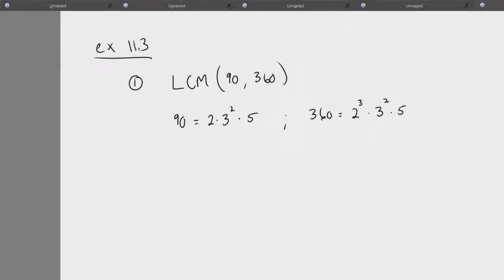All right. How can I now construct this answer, which has to be a multiple of both of these numbers, but the smallest possible I can make? Because it has to be a multiple of both, I'm going to have to use a 2, a 3, and a 5. If I don't have these prime numbers, these won't be able to fit into this answer, and they have to.